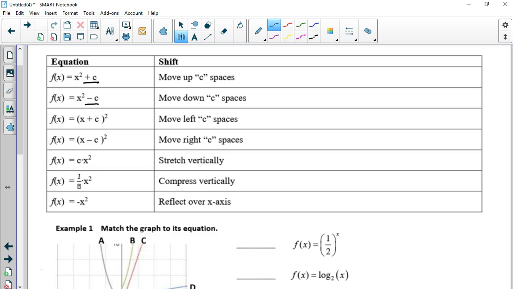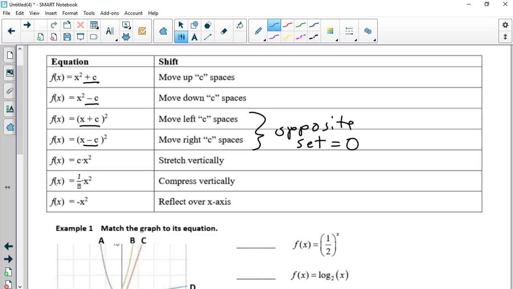Now, if we go inside parentheses, here and here, remember, this is where we go opposite. So these two are tricky because we go opposite of what we're thinking. Or remember, another way to do it is set it equal to 0.